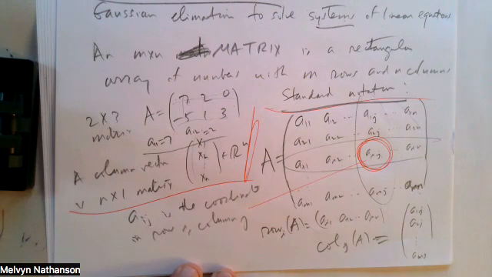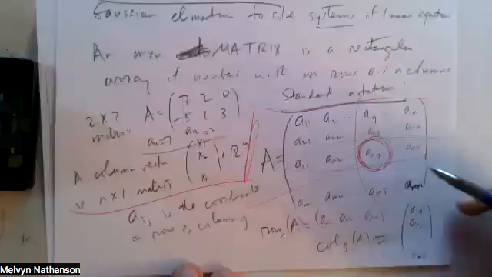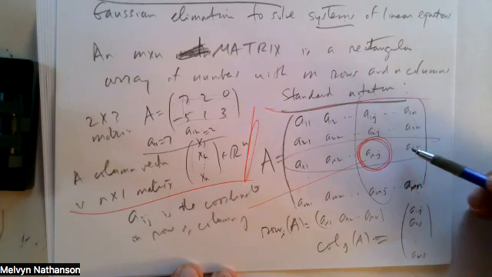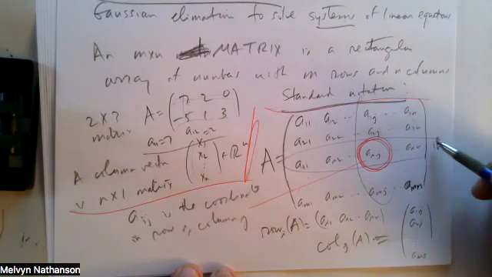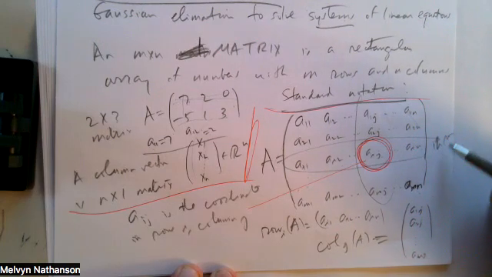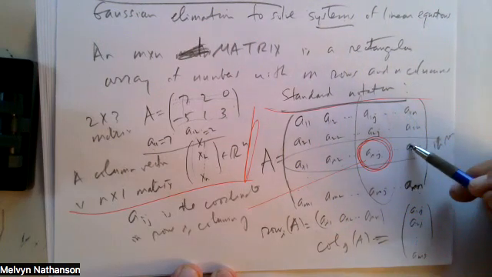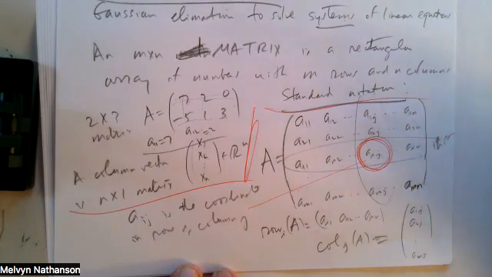Student: And what is the one above? It says Ain, row i, column n. So the subscript is in.